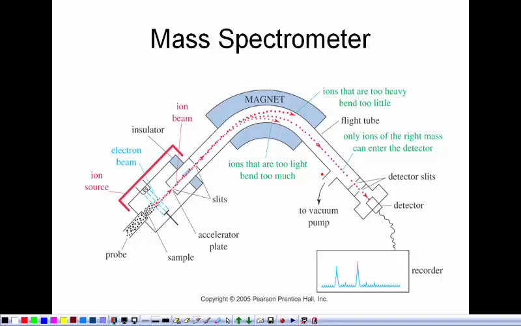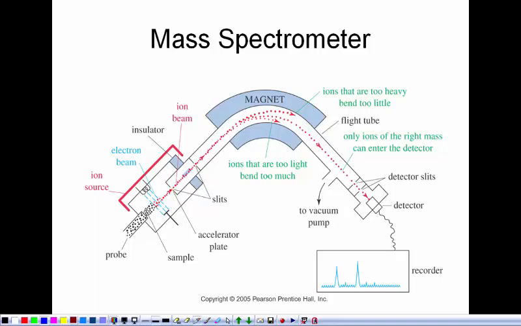The molecules come into the system, they're hit by the electron gun. Basically, the electron gun or the electron source is just a filament, like in an incandescent light bulb. Only under high vacuum, when you heat it, it shoots electrons out. And if you have a positively charged plate over here, that forces the electrons to move in a straight line. They occasionally collide with a molecule, and when they do, we make the cations, the radical cations.